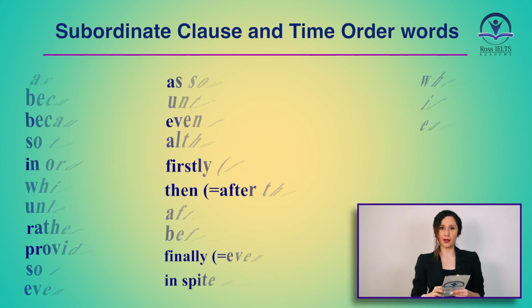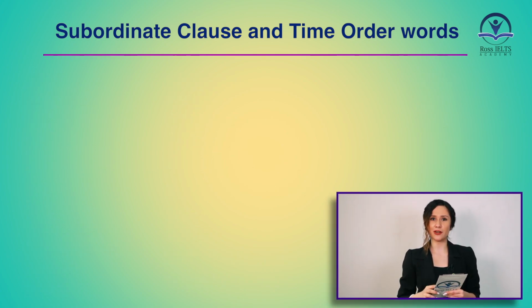Now, let's look at some examples because this way you will understand it better. And by the way, you don't need to use all of these words in your writing or even in your speaking. It's not necessary. You should just be able to use some of them, but correctly.